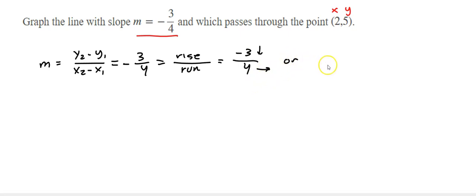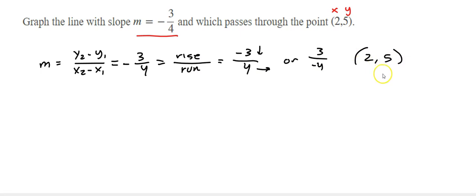But you could also do it as 3 over negative 4. It works either way, and I'll show it to you graphically. And then, of course, we have our coordinate point, which is 2, 5.